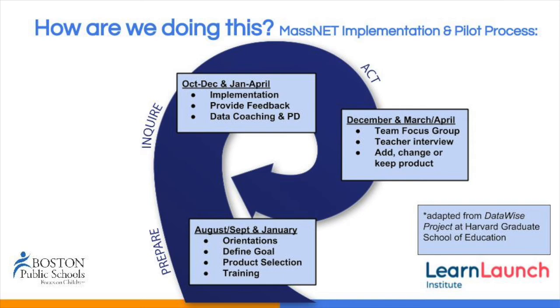And we will work together on that, again, in your school orientation. Once that process is complete and you've selected your product, we'll move into training. So in many cases, representatives from the product will come to your school to deliver that training to you or provide it in an online form.